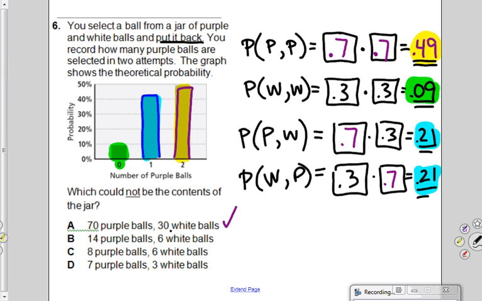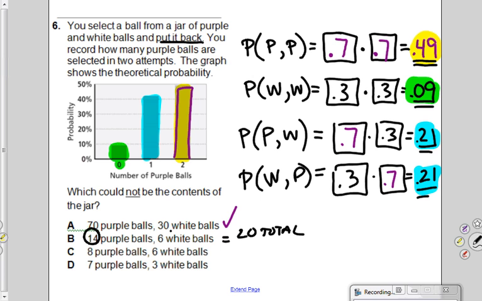Could option A be the contents of the jar? Yes, so it's not the right answer. They want to know what could not be the contents. Well, what if the marbles were 14, 6? How many total would there be? Total 20.